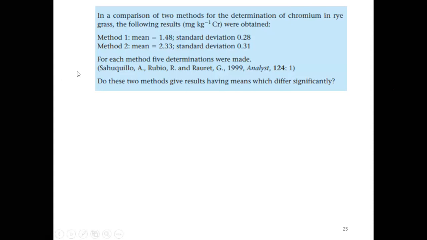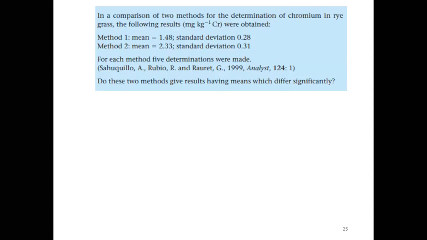In a comparison of two methods for the determination of chromium in ryegrass, the following results were obtained. When we used method 1, the mean was 1.48 and the standard deviation was 0.28.